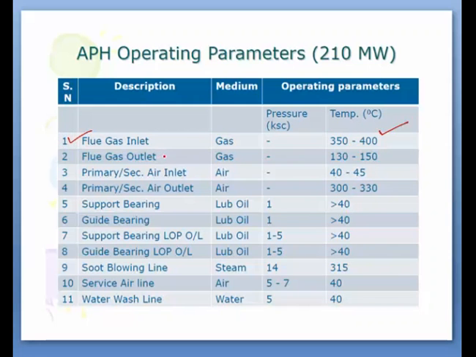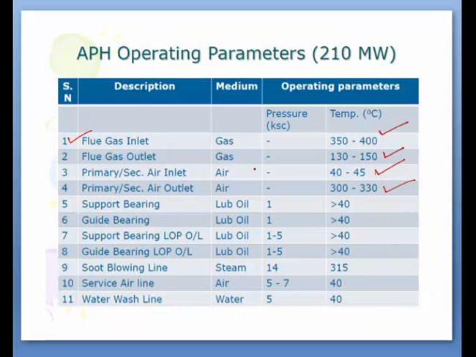Then the flue gas outlet temperature range will be 130 to 150, meaning after transferring heat to the cold secondary air or primary air, its temperature will get reduced. Primary or secondary air inlet, the medium is air. The temperature at inlet will be 40 to 45 degrees centigrade. Once that air comes out from the air preheater, its temperature changes to between 300 and 330 degrees centigrade.